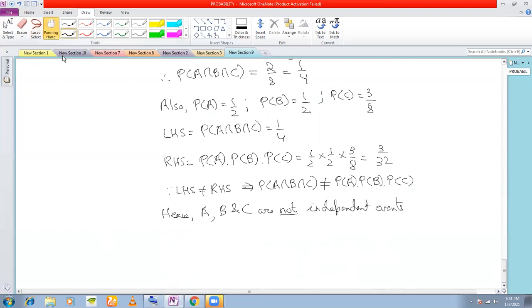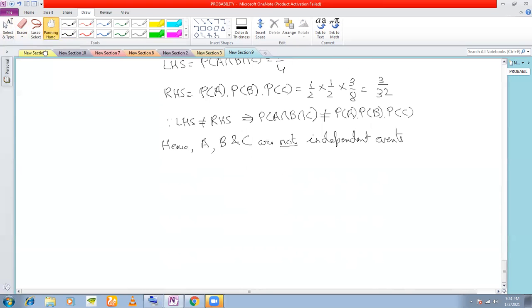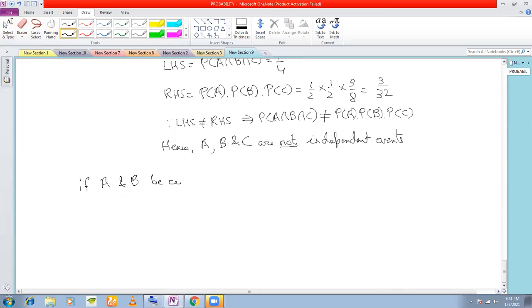if A and B be any two events connected to a random experiment S, then what do we know?